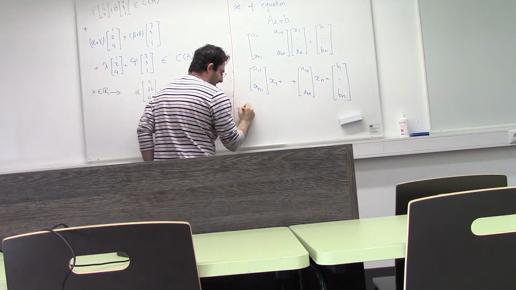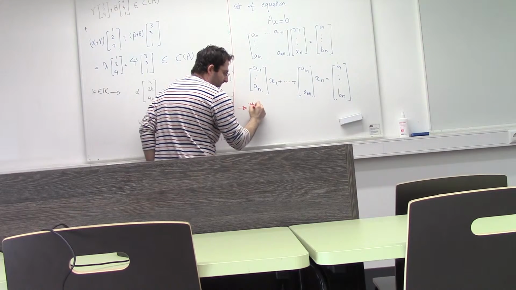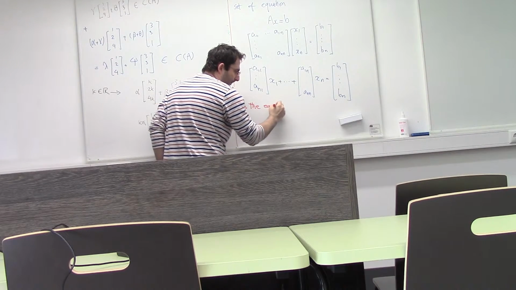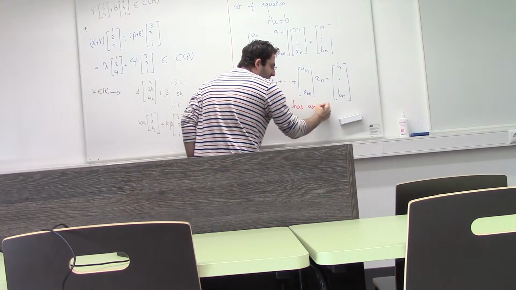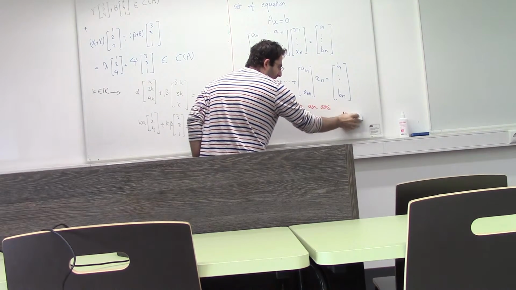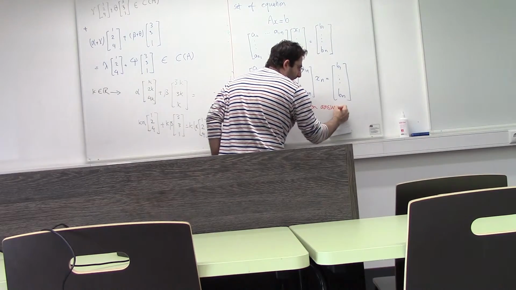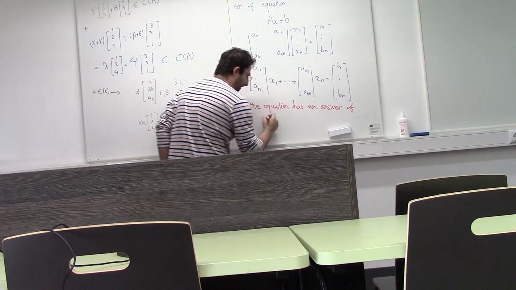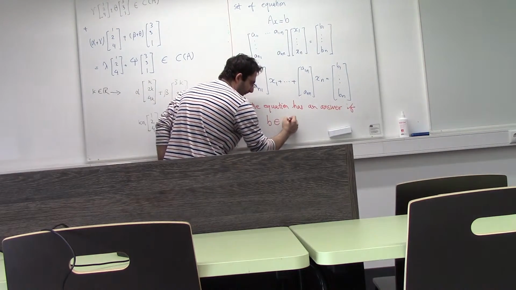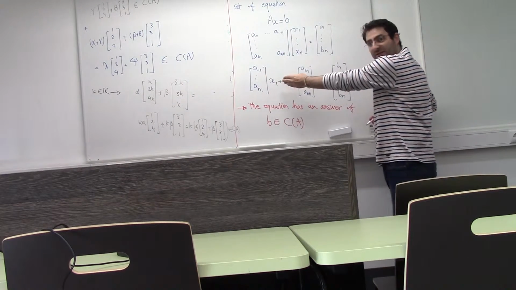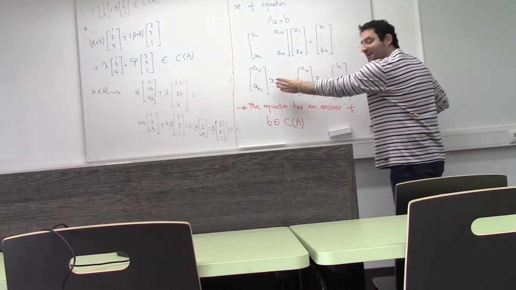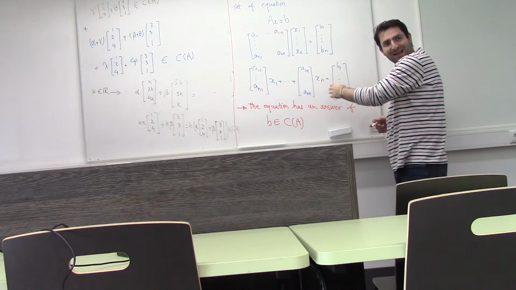So this means that the equation has an answer if, look, we have values for x1, x2 till xn.